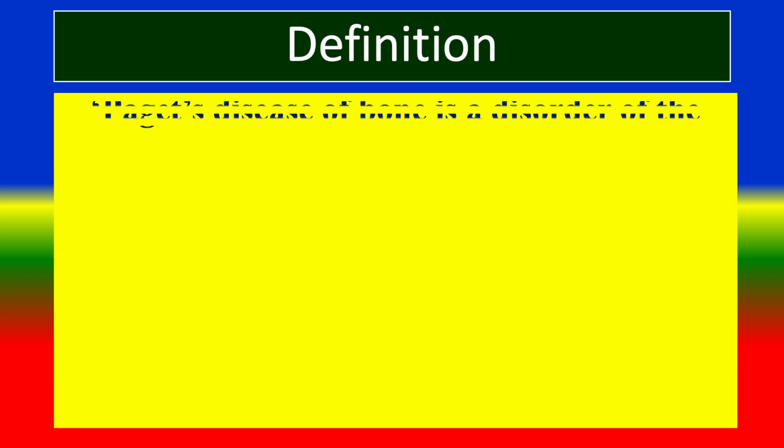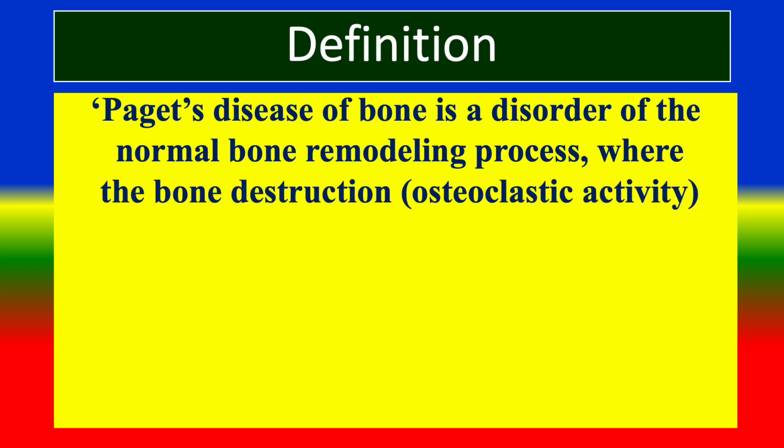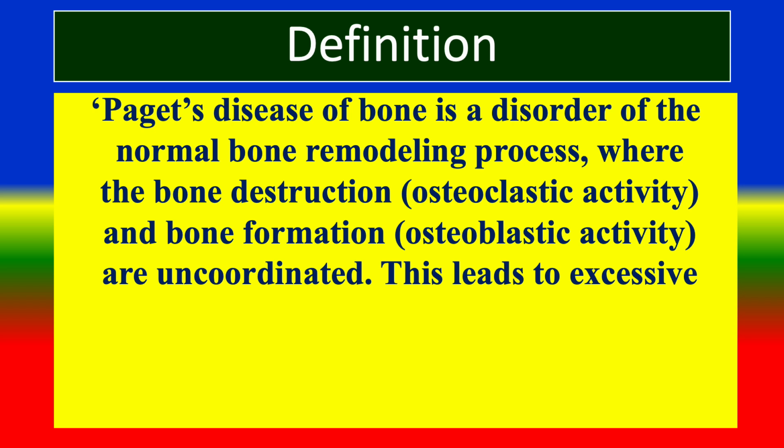Definition. Paget's disease of bone is a disorder of the normal bone remodeling process, where the bone destruction and bone formation, osteoblastic activity, are uncoordinated.